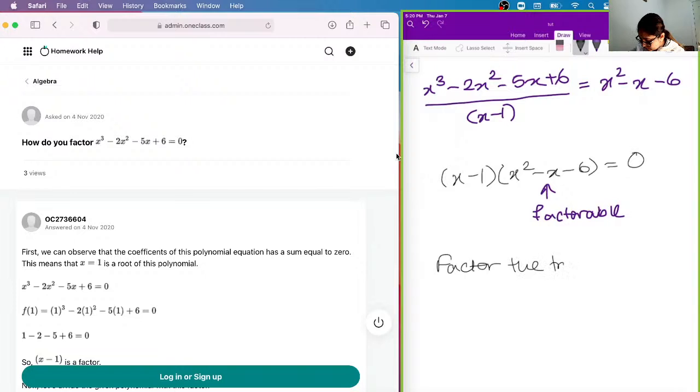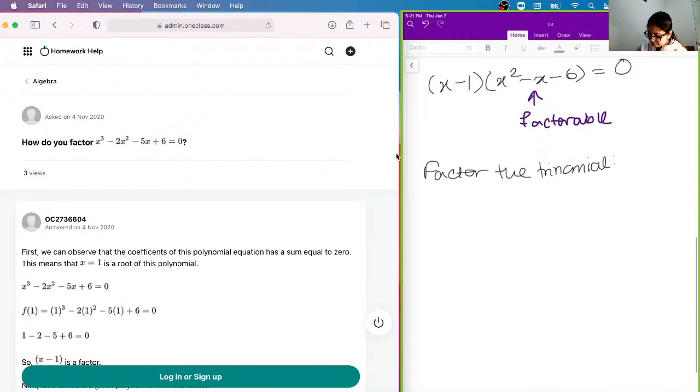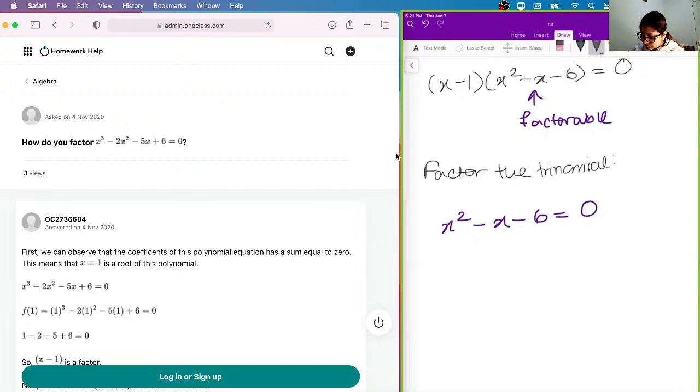Okay, and so we have x squared minus x minus 6, which equals 0, right? And so what we can do is find numbers that, if you multiply them, you would get -6, and if you add them, you would get -1.